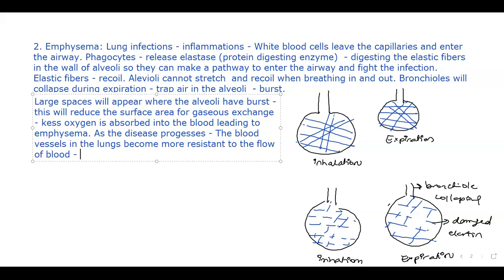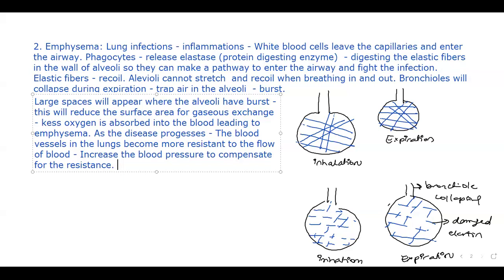The body will say, why don't we increase the blood pressure? We put more force, send the blood with more pressure to compensate for the resistance. Let's compensate for the resistance by increasing blood pressure, right?